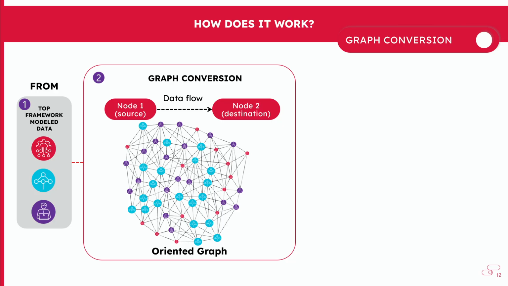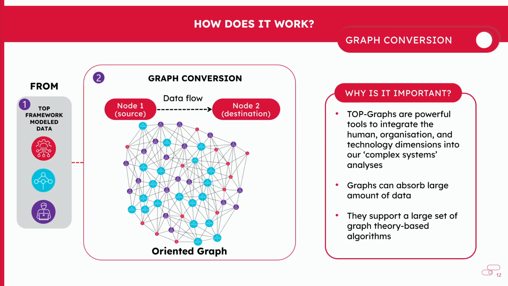Because this direction is really important for tracking the flow of information, we get an oriented graph. An oriented graph implies different well-known algorithms in the graph theory framework. And it's really important because this TOP graph is powerful in such a way that we integrate all these dimensions and it remains quite simple.